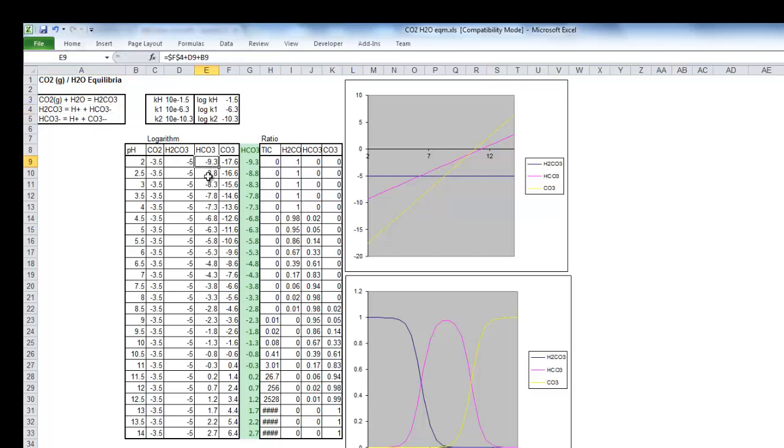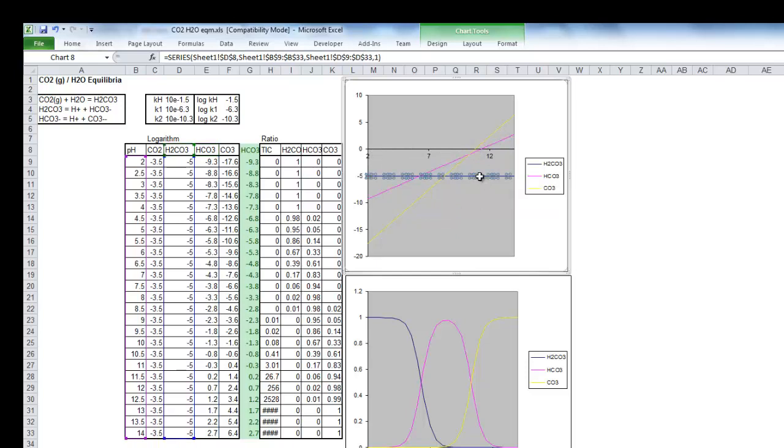So the log bicarbonate concentration goes from pH 2, it's 10 to the minus 9.3, which is a very, very small amount. And as the pH increases, the concentration increases. And that's what we're showing on this graph. Carbonate and the bicarbonate, those are graphs of positive slope, so concentrations increasing with the pH. pH is on the x-axis.